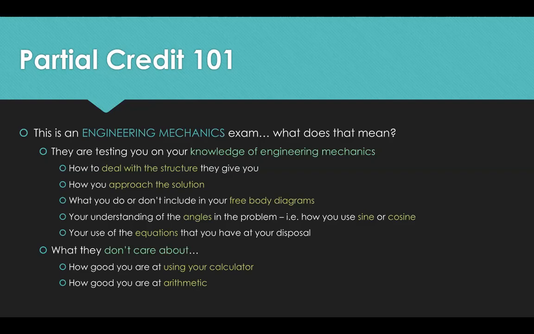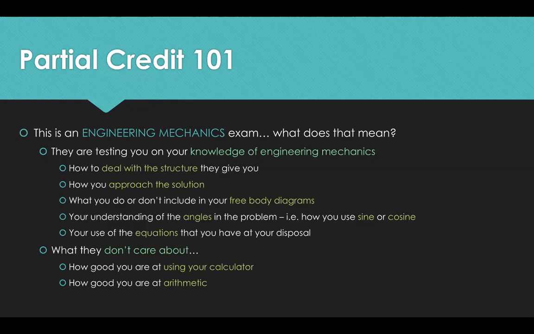So they're asking you for information about the structure, how you would approach it, how you choose to draw your free body diagrams, your understanding of the angles, and the equations that you choose to use, right?